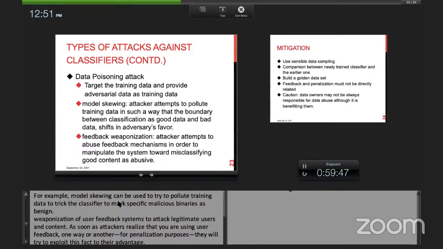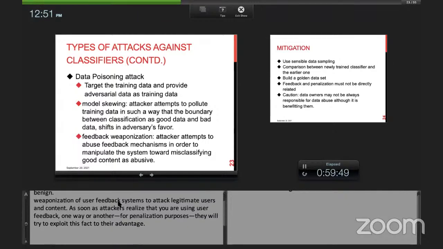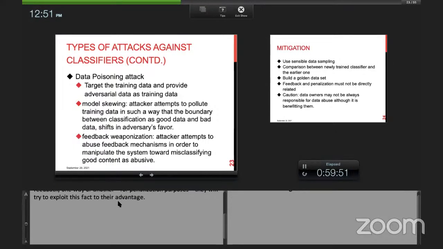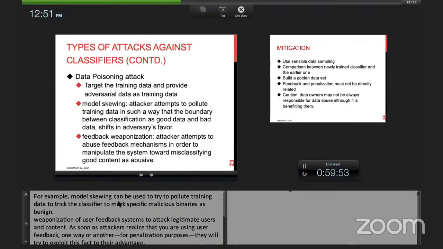So the polluted data generally cannot be easily isolated, because the training data is formatted in such a way that the boundary between good data and bad data shifts in the adversary's favor.